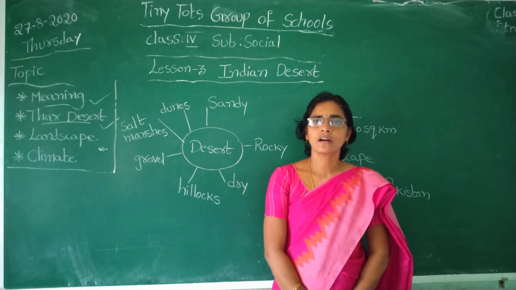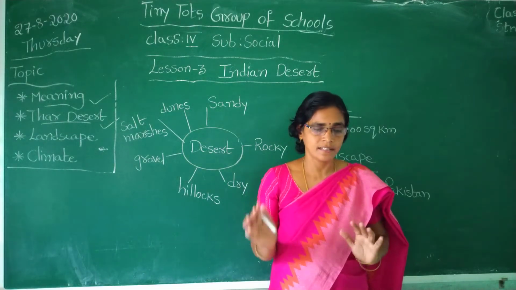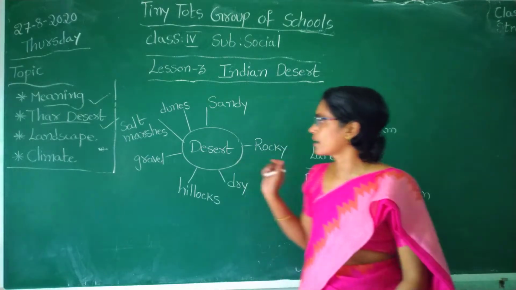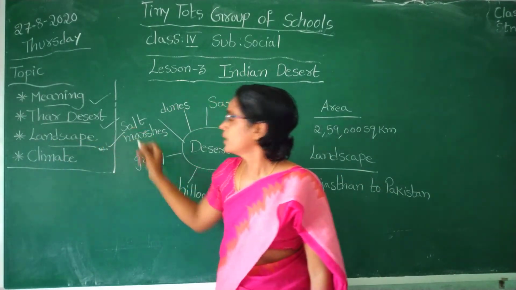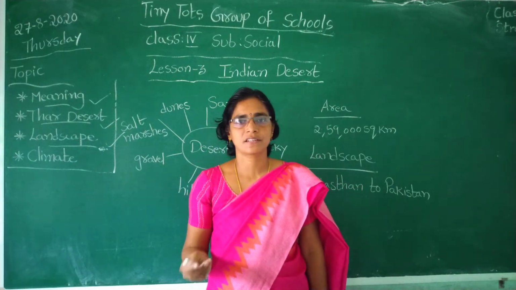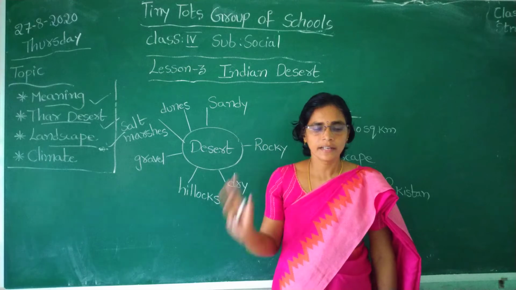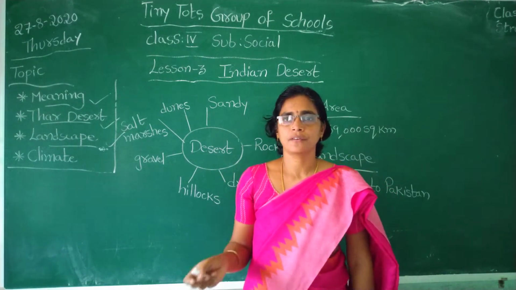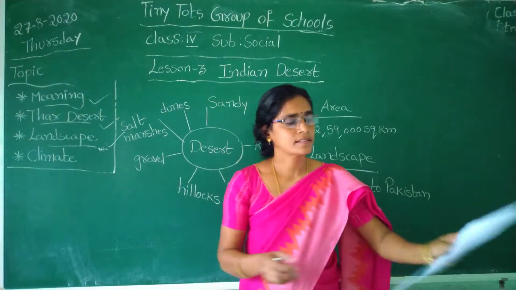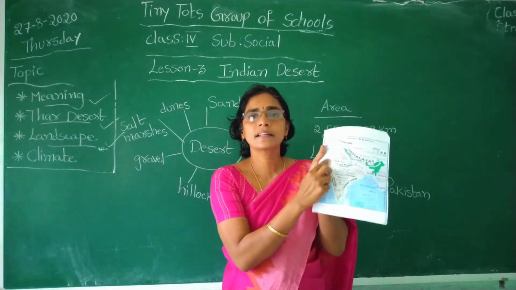Where does it lie? What is the landscape of this desert? Where is it in India? See, it is located in the west. Look at this India map. It is located in the west side of India.